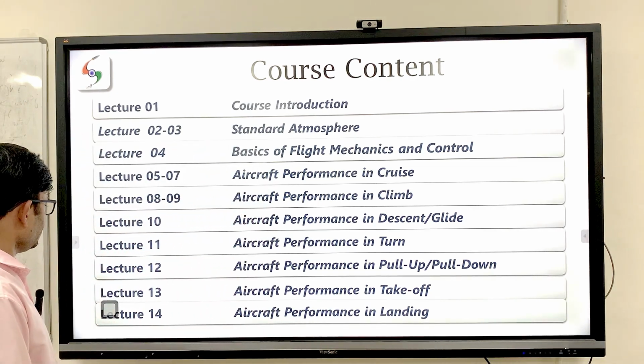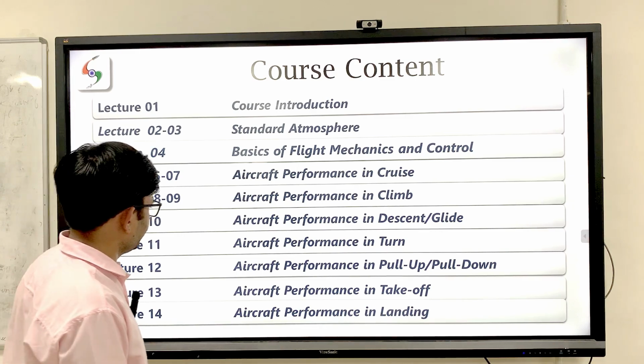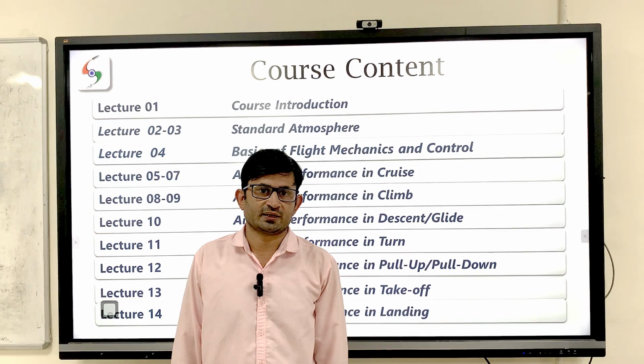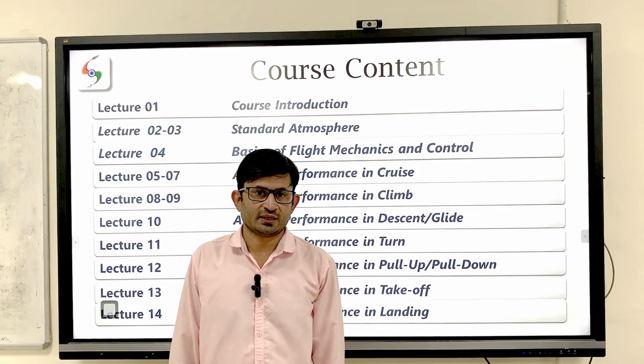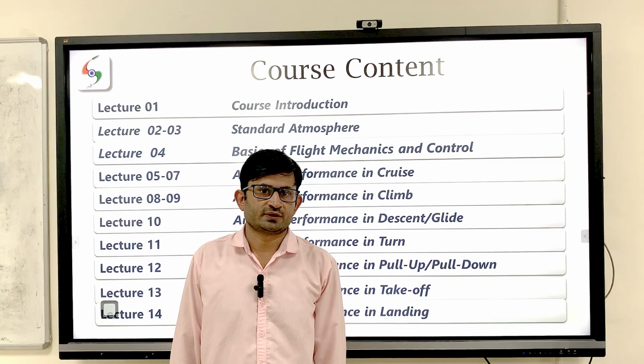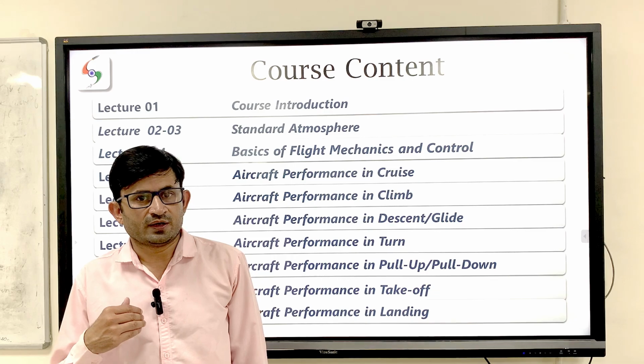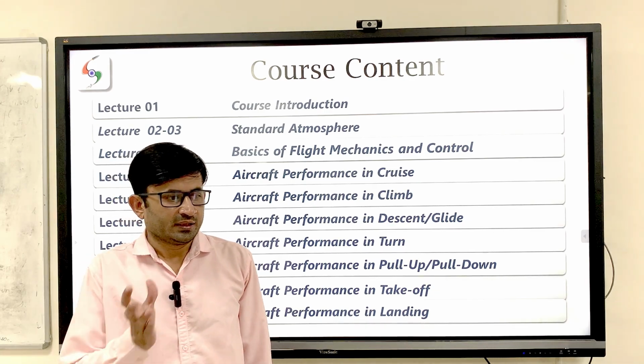In lecture number 13 we will discuss the aircraft performance in takeoff, because we have to start from the takeoff. How will you perform the takeoff, what are the parameters associated with the takeoff, and how can you perform the takeoff in a good way.